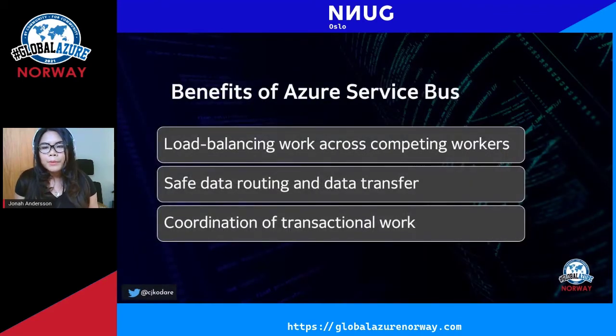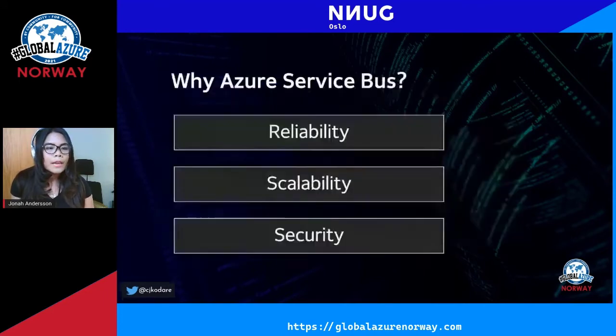So what are the three main benefits of Azure Service Bus? It's good for load balancing workers, and it is also beneficial for safe data transfer and routing, and coordination of your transactional work.